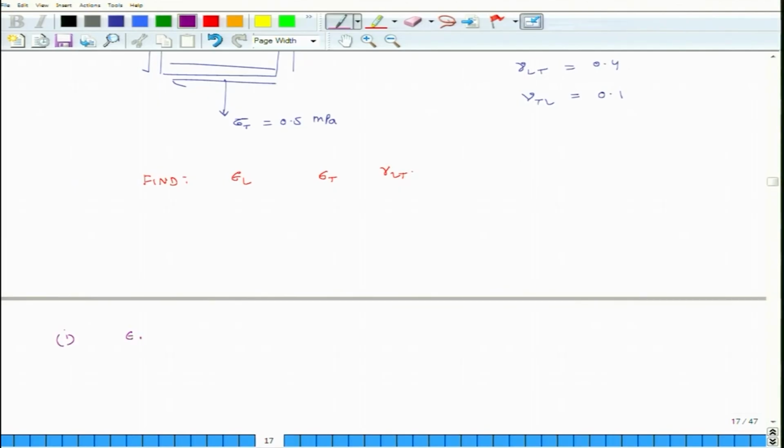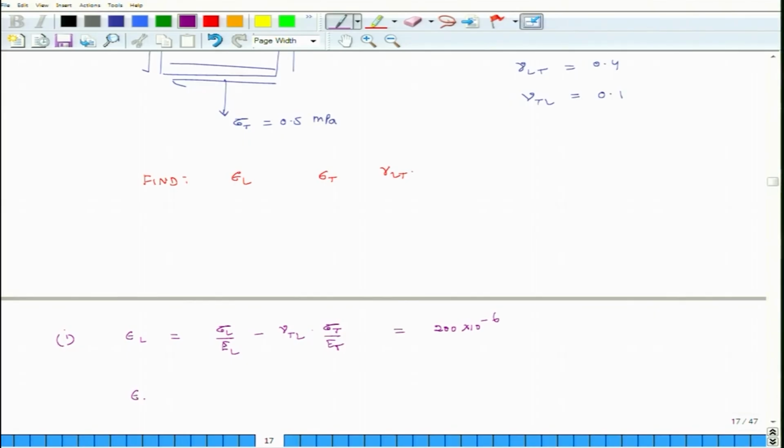So, epsilon L equals sigma L over EL minus nu TL times sigma T over ET, and if I plug in the values, what I get is 200 into 10 to the power of minus 6, and the units of strain are dimensionless, so it is just that number.